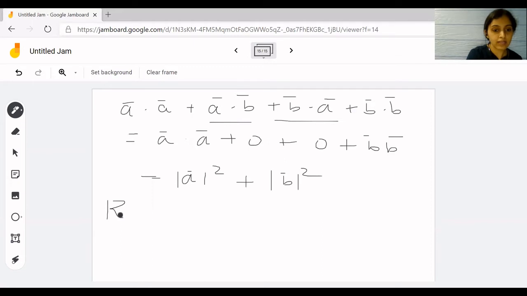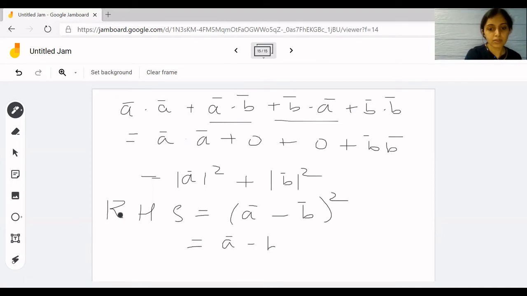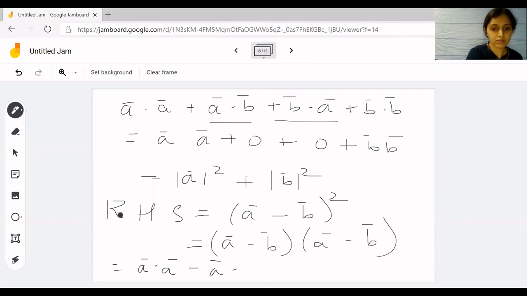Let's take the right hand side now. Right hand side is equal to (a bar minus b bar) the whole square, which is (a bar minus b bar) into (a bar minus b bar). This is equal to a bar dot a bar minus a bar dot b bar minus b bar dot a bar plus b bar dot b bar.